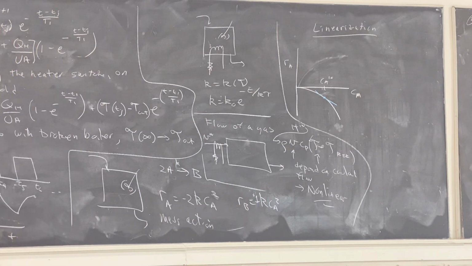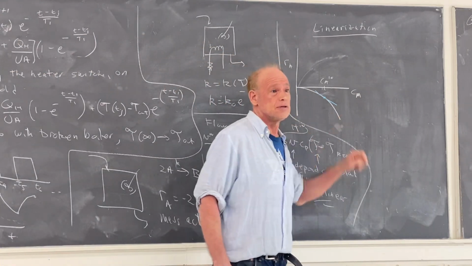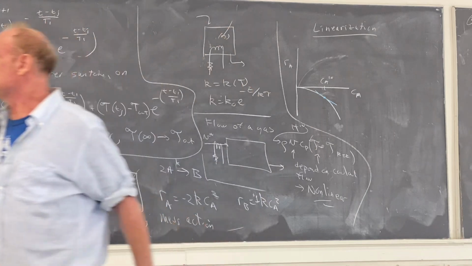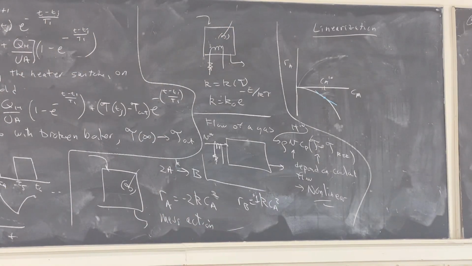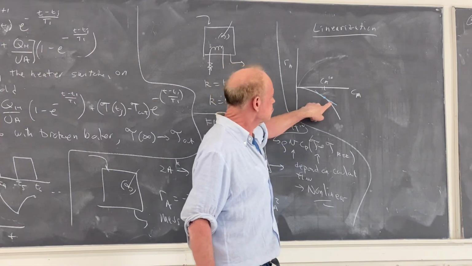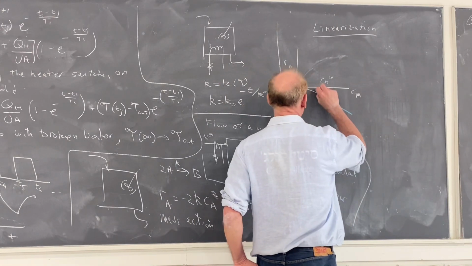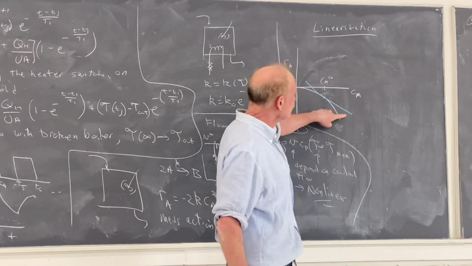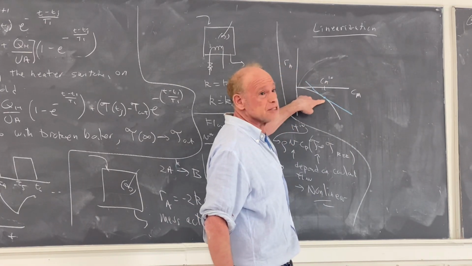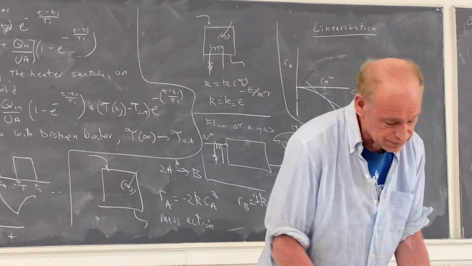And the tangent is a linear function, so in that case I'm back to where I know how to solve the equations. If I don't go too far from CA in, it's not so bad. But if the concentration changes a lot from CA in, it's really bad far away, but pretty good close. So that's the notion of linearization.